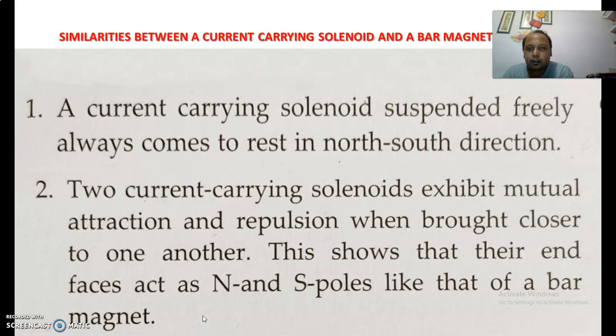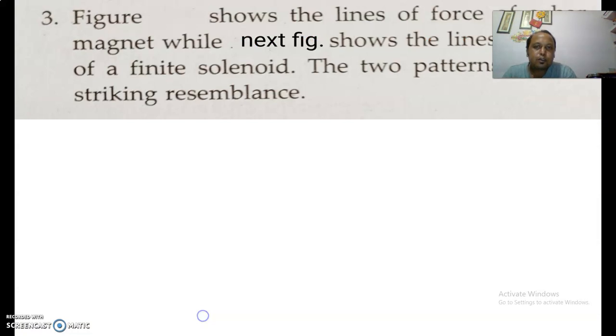It has one north pole and one south pole. When their ends are brought closer to each other, we find that either they attract each other or they repel each other. This is exactly the same behavior as a bar magnet. When we bring the ends together, then they may either attract or repel. That means a current carrying solenoid has a north pole and a south pole at its ends.